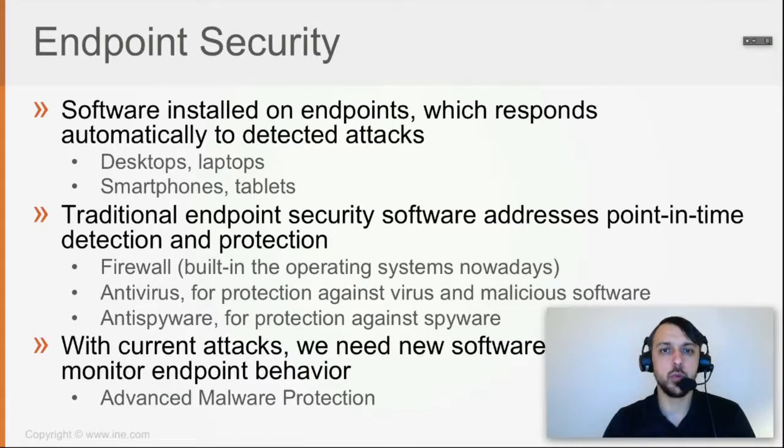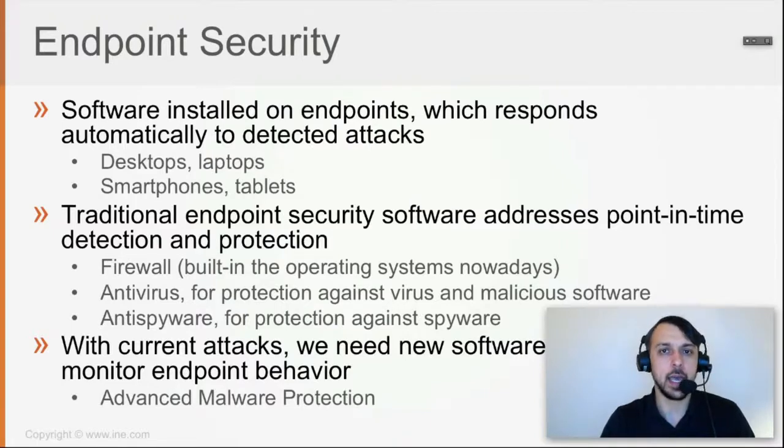The problem with point-in-time detection engines and tools is that attackers are attaching that malicious code to, let's say, a picture, and as the endpoint receives that picture and the antivirus and anti-spyware engines inspect that packet, it looks legitimate. Because in general, as the user opens the picture, clicks on it, the malicious code is going to be executed at that point in time, and then the anti-spyware or antivirus software can catch that and see what exactly happened.